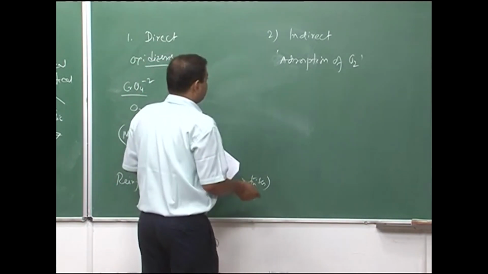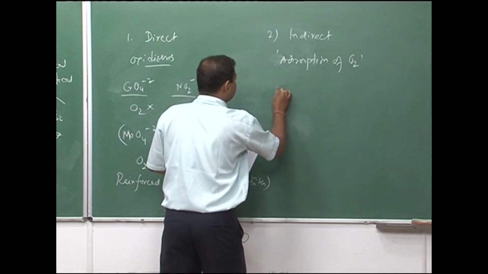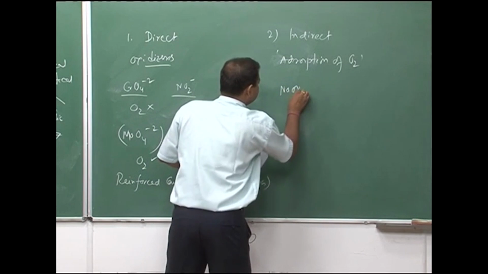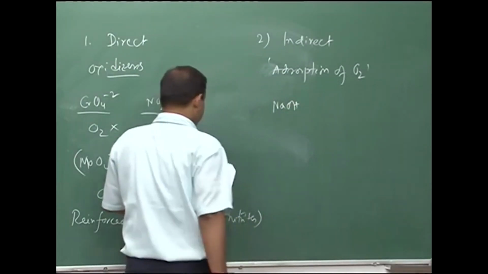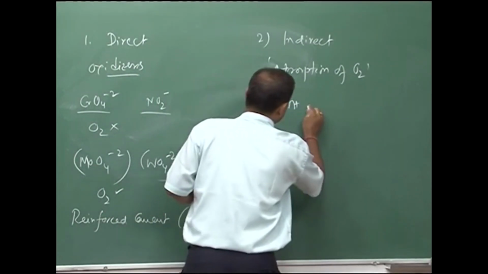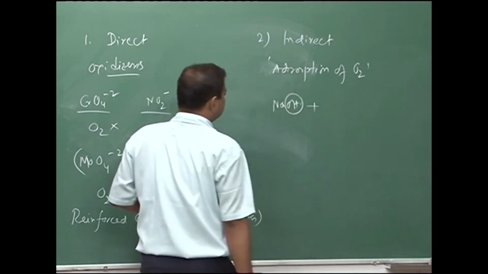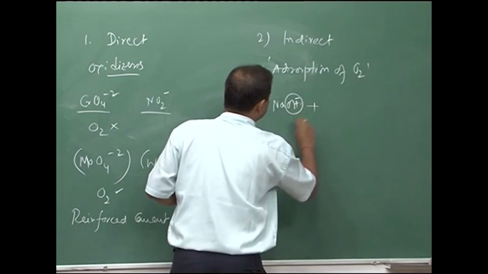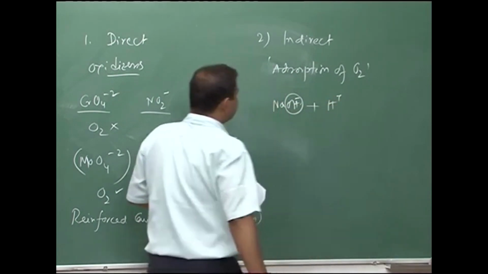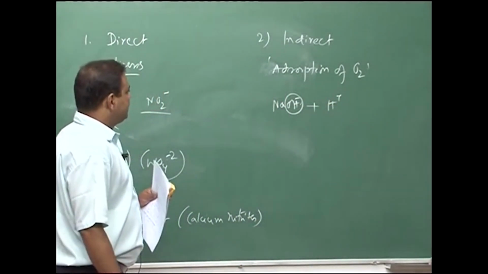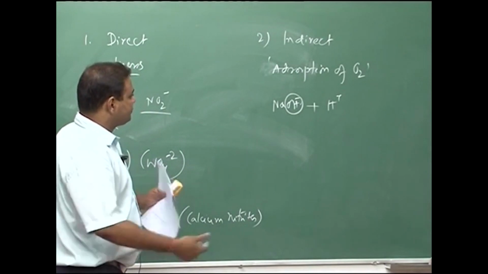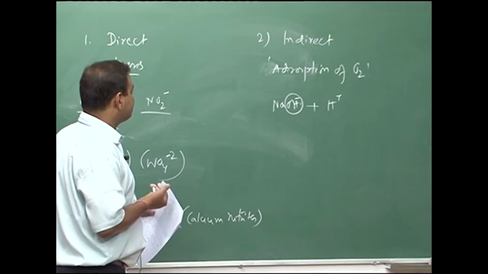For example, one indirect passivator is NaOH. The OH minus ion can take care of hydrogen ion. So, if hydrogen ion is taken care of, the cathodic reaction is out, so the corrosion resistance would improve.